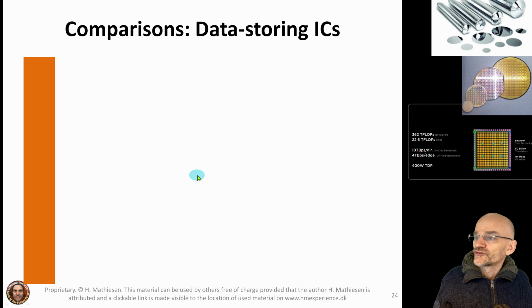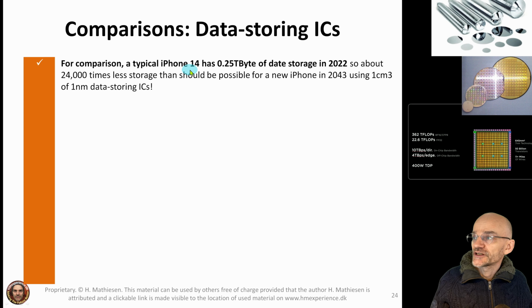Okay, so I thought it would be interesting to entertain a little bit of comparisons with data storing ICs and stuff we know from everyday life, just to get this into perspective. So say an iPhone 14 today, a typical iPhone will have 1/4 of a terabyte of data storage.